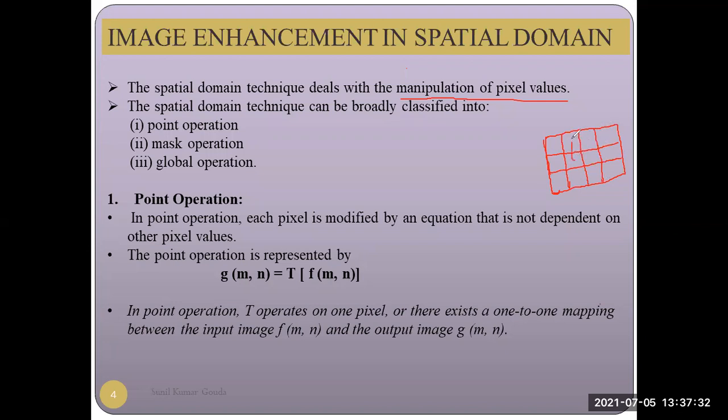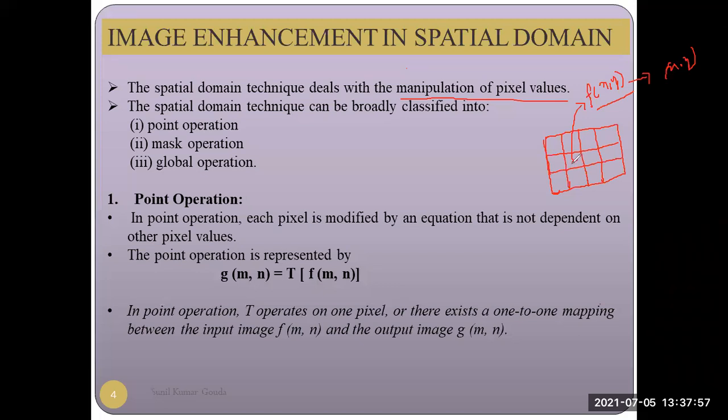Each of these boxes is represented by a function called f(x,y). This function represents two things: one is the intensity, the second is the coordinate. The spatial coordinate is (x,y), and there is an intensity at this particular pixel.